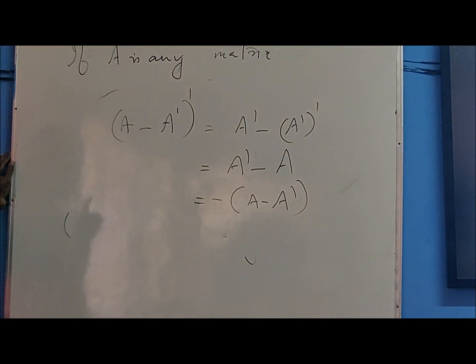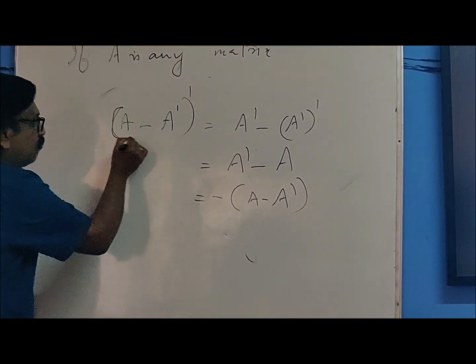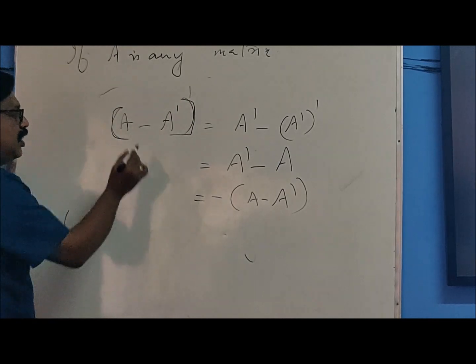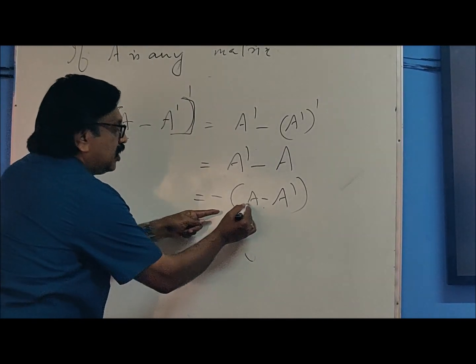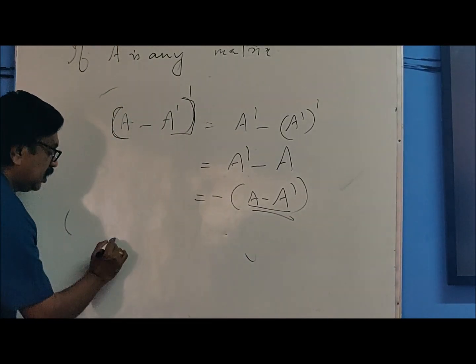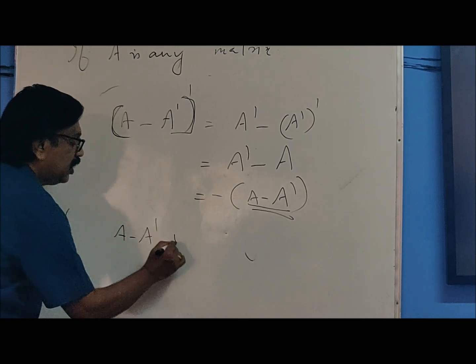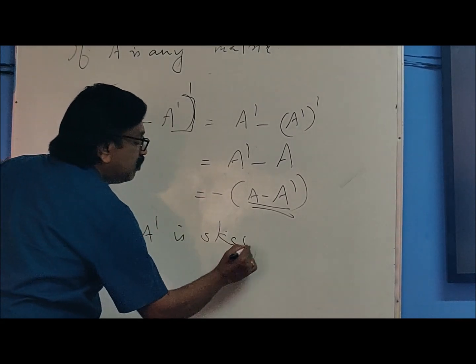You see the interesting thing? The transpose of this given matrix is the minus of that matrix. It means that the matrix A minus A dash is skew symmetric.